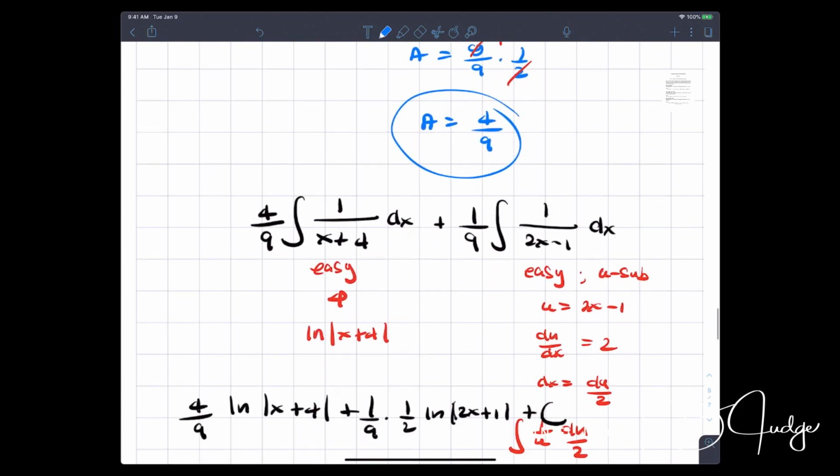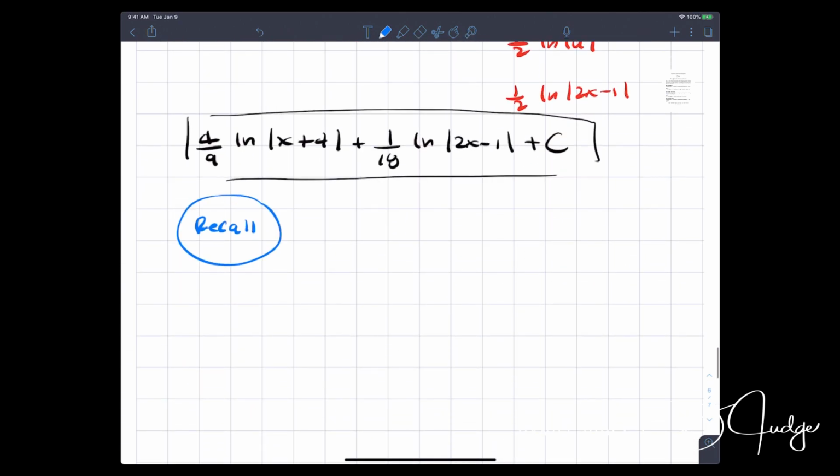So we have x equals a times 2x minus 1 plus b times x minus 4. So let's remind you guys, we want to find what a and b are.